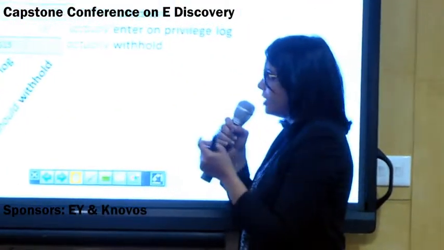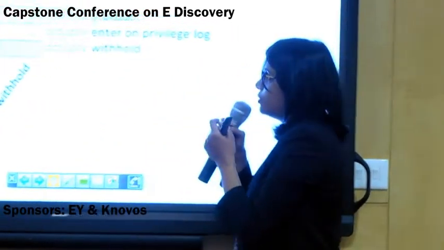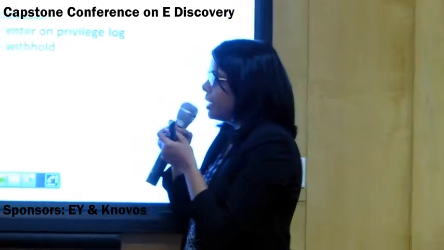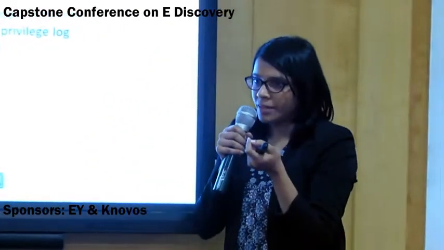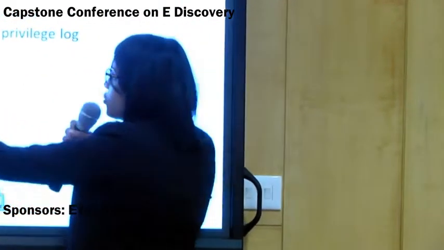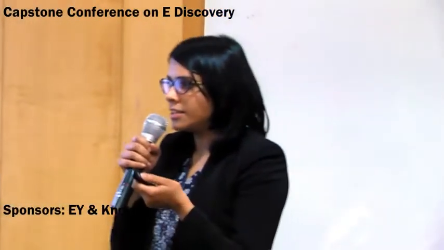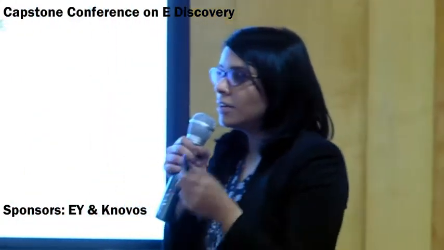And the kind of mistake here, which is again relative, is with respect to documents which are not relevant, but you log them. Again, you're not giving away anything, you're just entering it on the privilege log, but it is not relevant at all. So that would not even matter if it is accidentally produced. So that has the least amount of value.